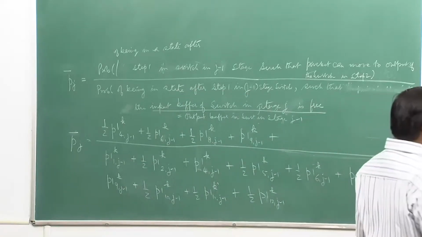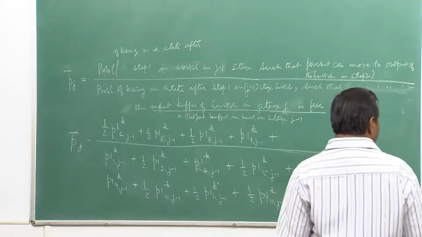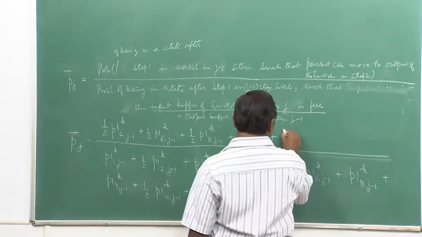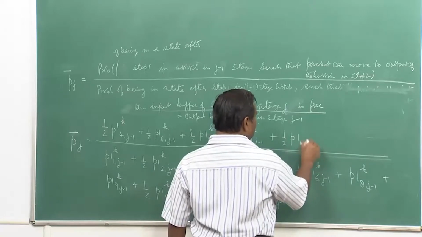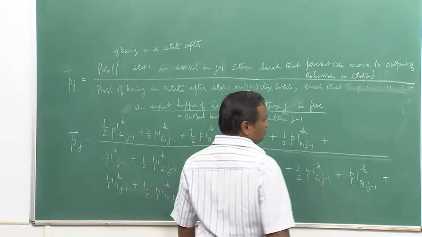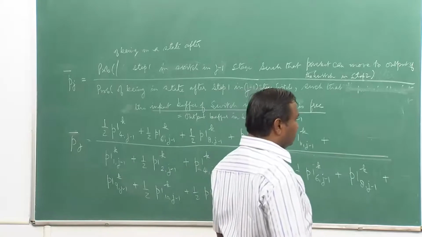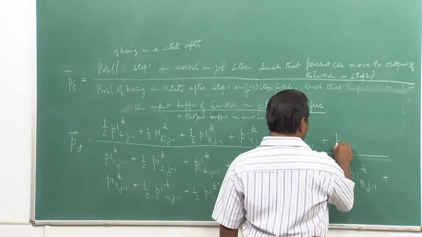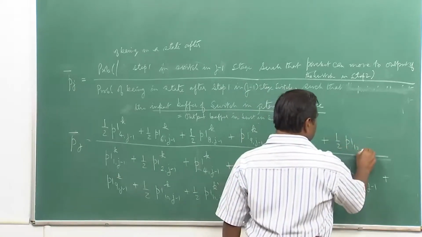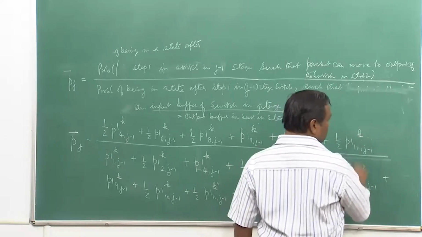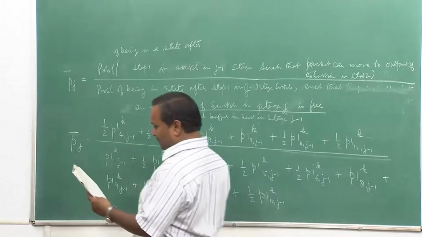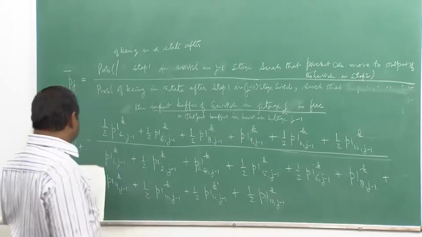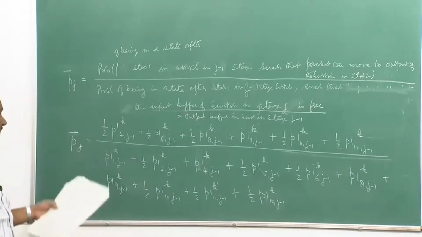The 10th, there is no arrival. 11th, there is only one which will be arriving, so I will put half. And 12th, only one will be coming, so I will put half. 13 and 14 will not be there. So, this is what actually completes the expression for Pj bar.